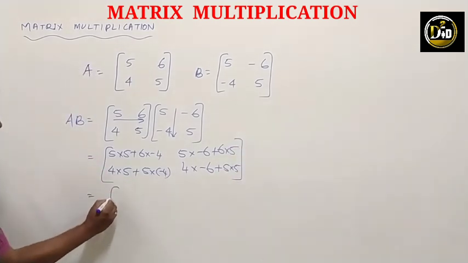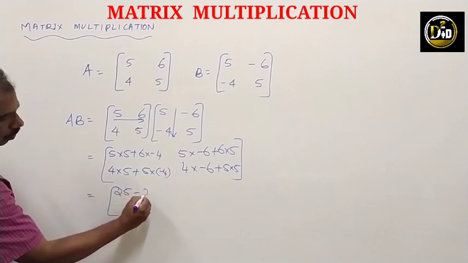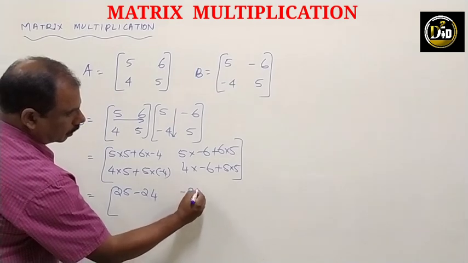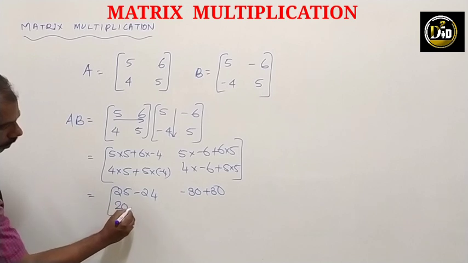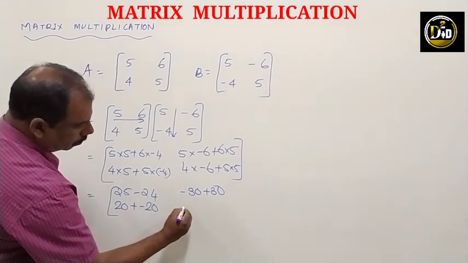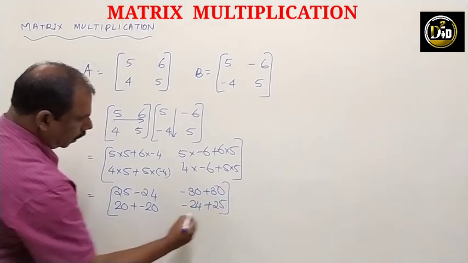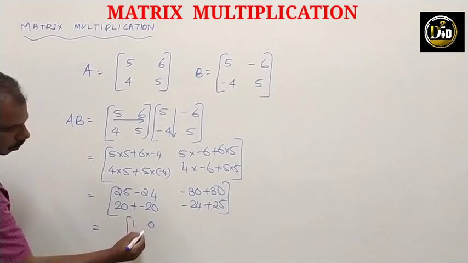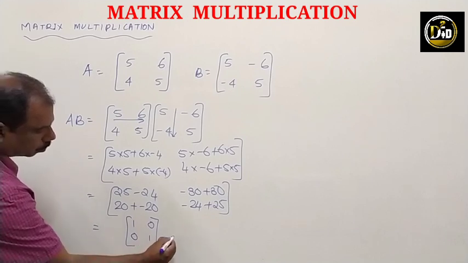That's equal to 5 into 5, 25 minus 24. Here 5 into minus 6, 30 plus 30, and here 20 plus minus 20. Here minus 24 plus 25, and we get the matrix 1, 0, 0, 1, and it is of order 2 by 2.